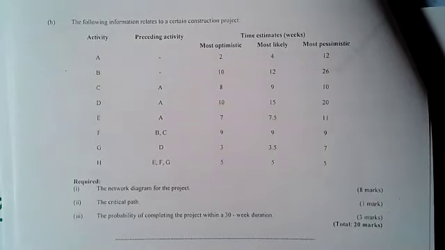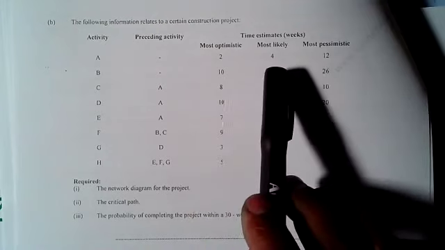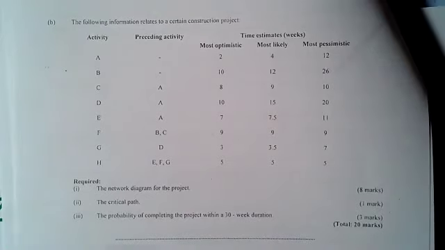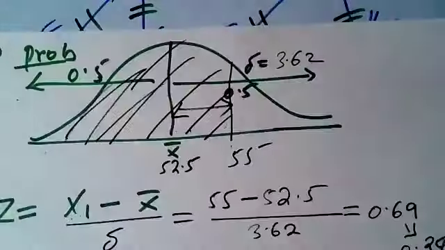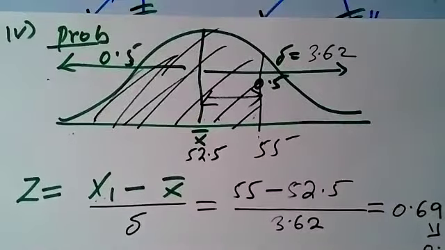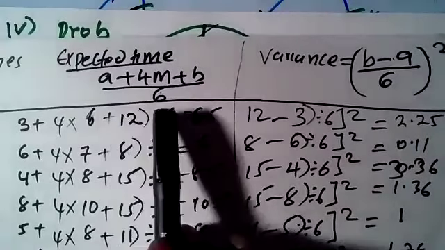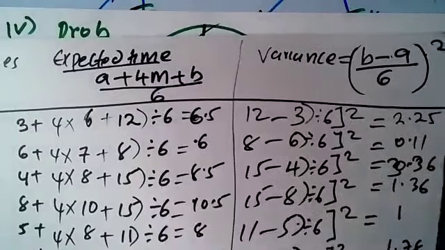The formula does not change: A plus 4M plus B, divided by 6.